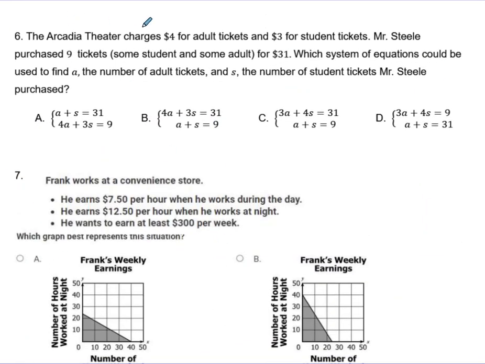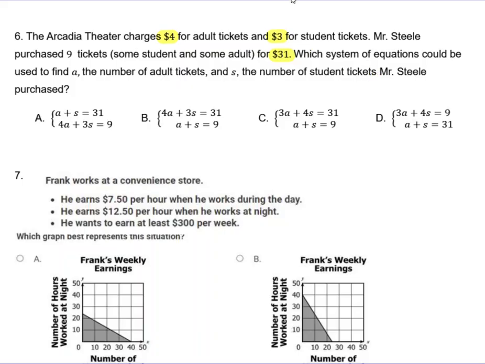So the Arcadia Theater charges $4 for the adult ticket, $3 for the student ticket. If Mr. Steele purchased 9 tickets, and we don't know how many are adult and how many are student, and he paid $31 for it, which system of equations could be used for A, the adult tickets, and S for the student tickets?